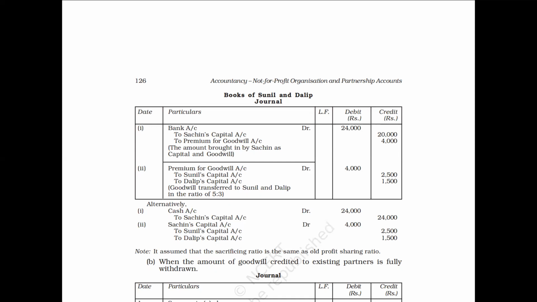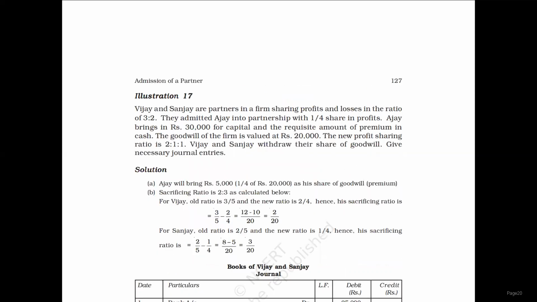See our next situation. When the amount of goodwill credited to the existing partners is fully withdrawn, the partners transfer their premium for goodwill to their capital account. After transferring this premium of goodwill, the partners take this goodwill amount for their own use. Under this situation, what entry will come?